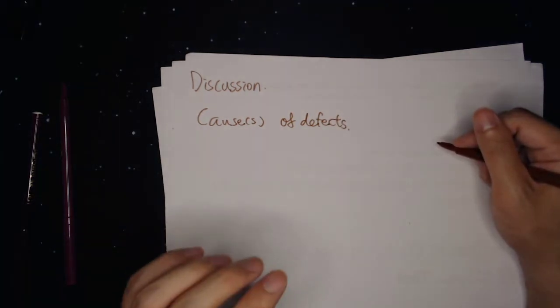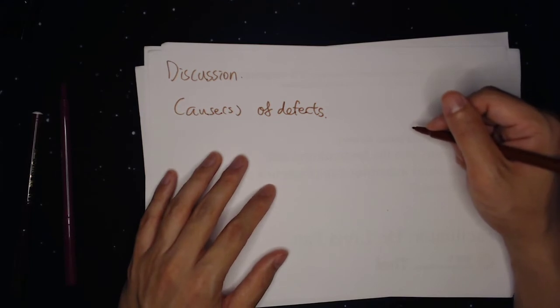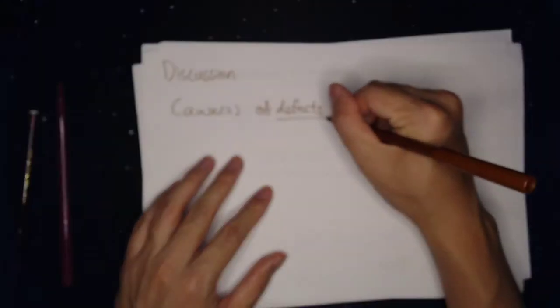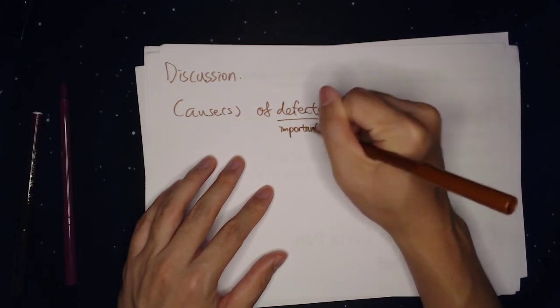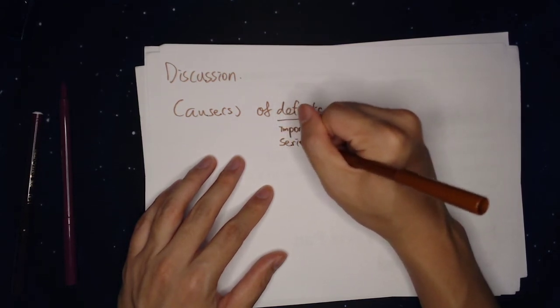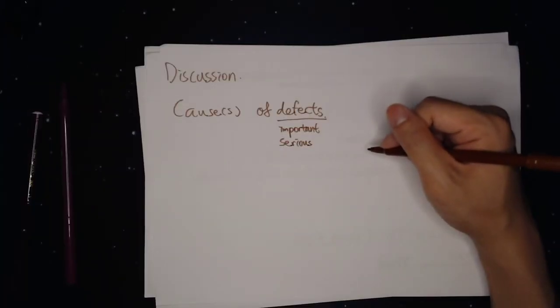You do not need to pick out every defect and discuss every one of them. You can just pick out the important or serious ones, the ones that you want people to pay attention to.